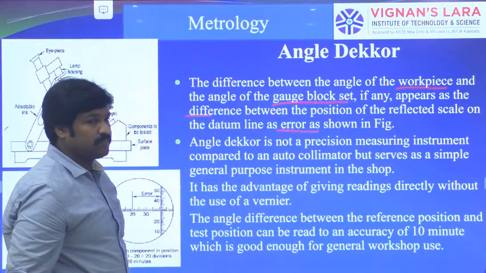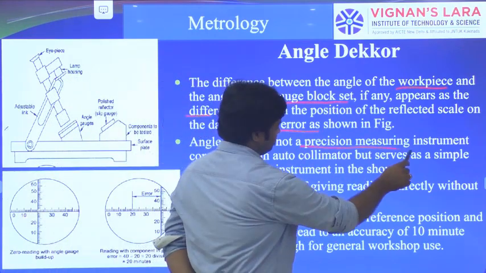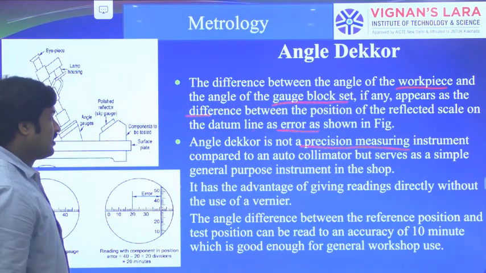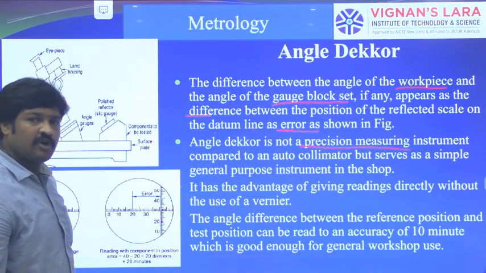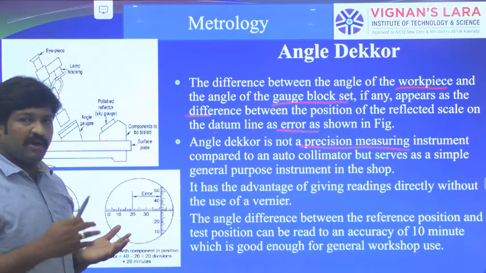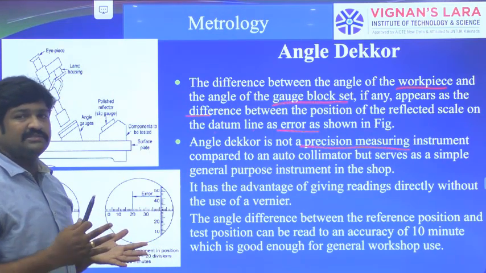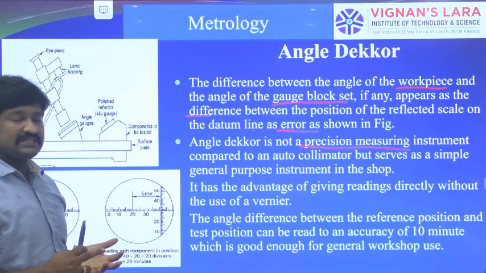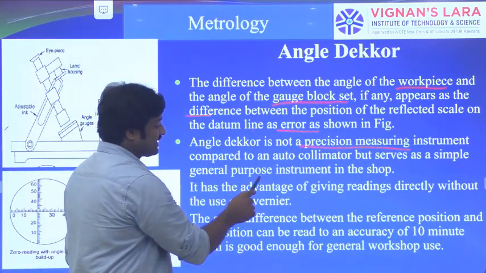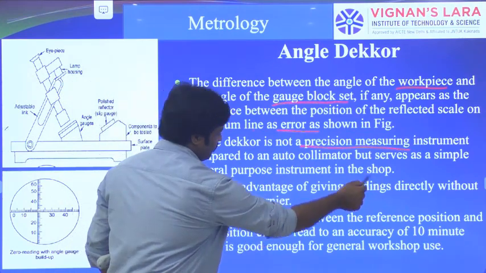Angle Dekkor is not a precision measuring instrument compared to the autocollimator. So the autocollimator is one more device used for identifying angles. Compared to the autocollimator, this angle Dekkor is not that much of a precision instrument, but serves as a simple general purpose instrument in the shop.